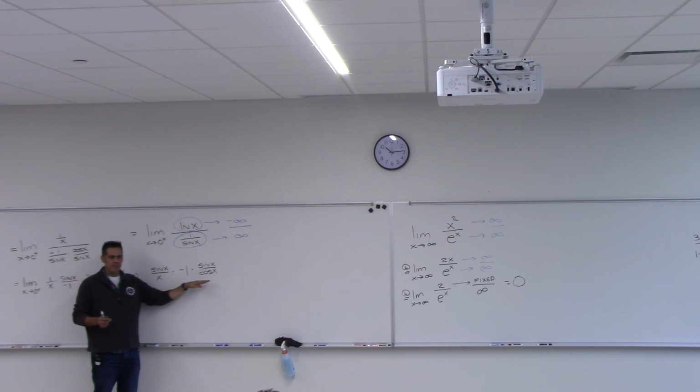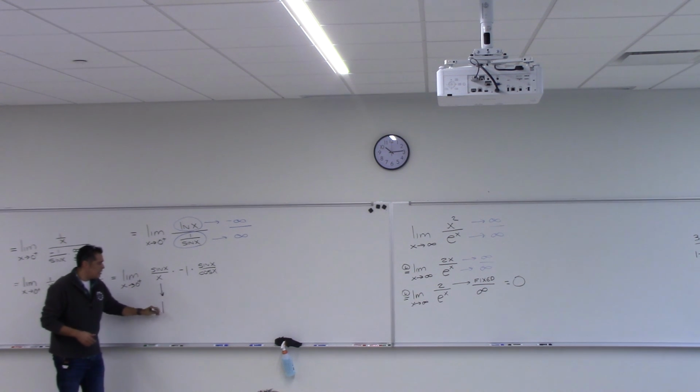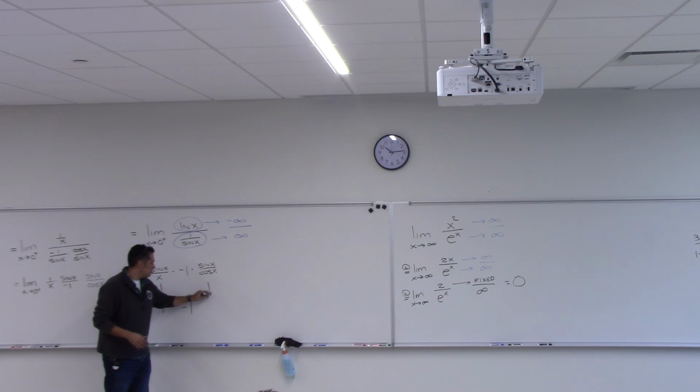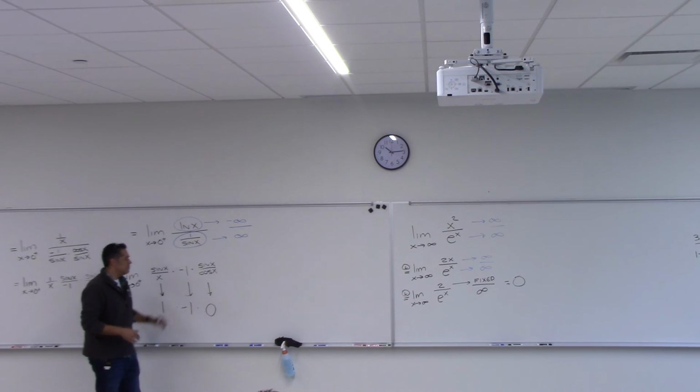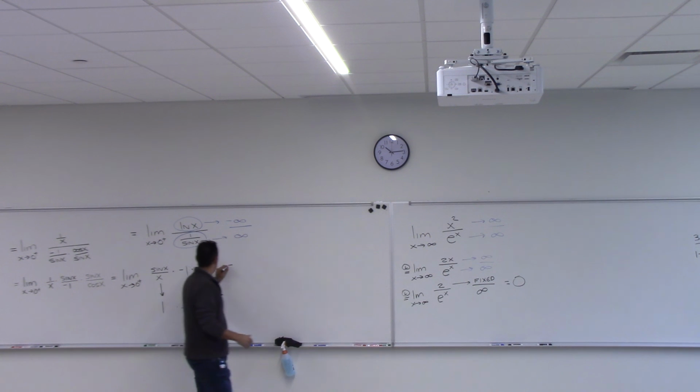What do you get on bottom? You get 0 over 1. 0 divided by 1 is not a problem. So that means this goes to 1, this one goes to negative 1, and that one goes to 0. And I no longer have 0 over 0 or division by 0, right? I just have 0. So the answer is 0.